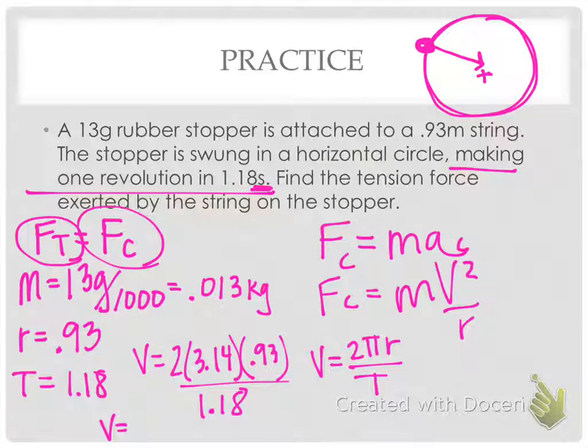Okay, so our velocity. Sydney, what'd you have? 4.95. Perfect.